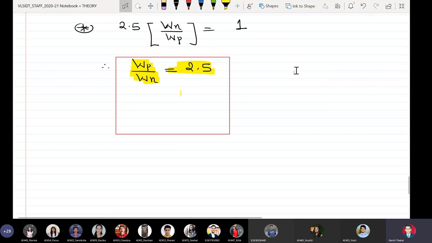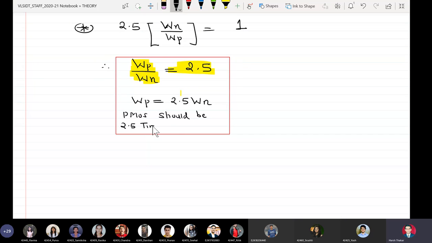Or we can also say that Wp is equal to Wn, or we can say PMOS should be 2.5 times wider than NMOS.